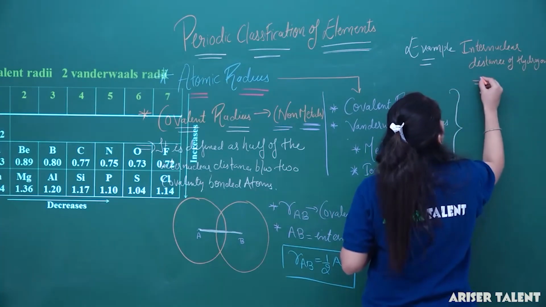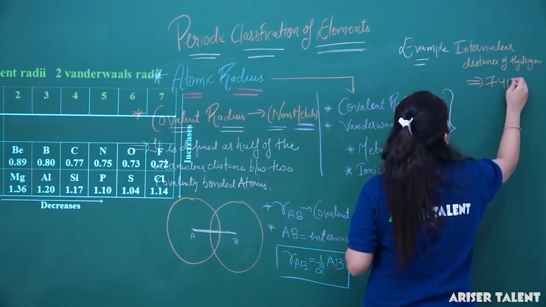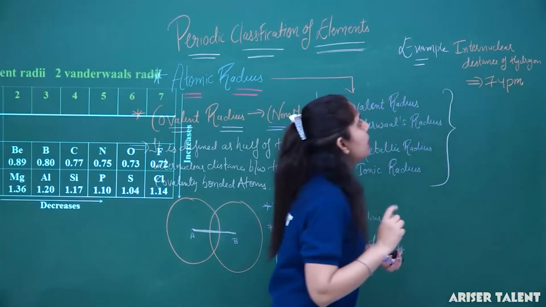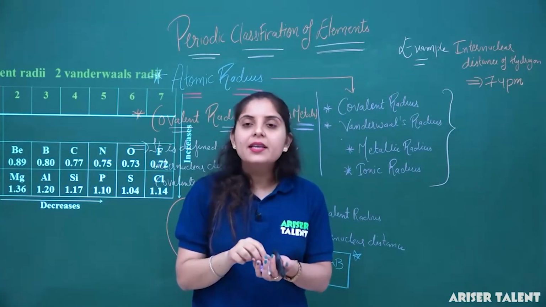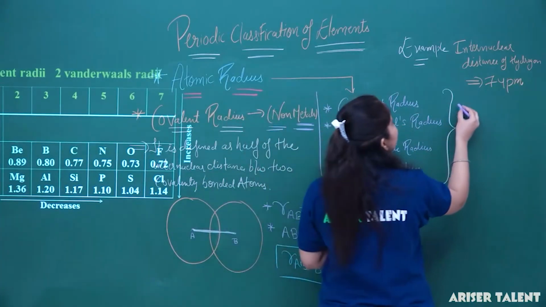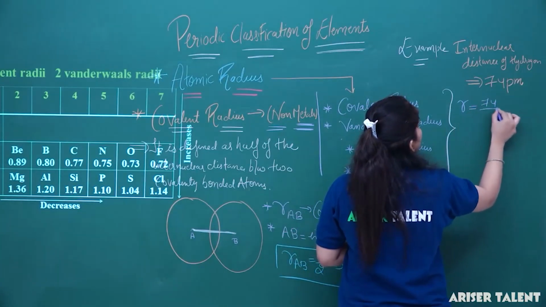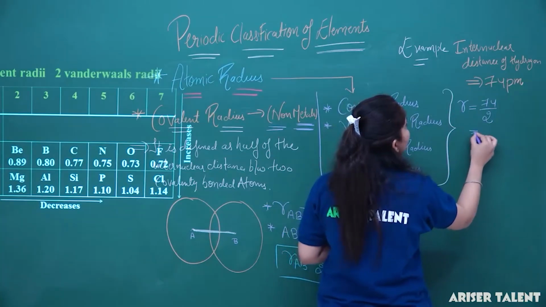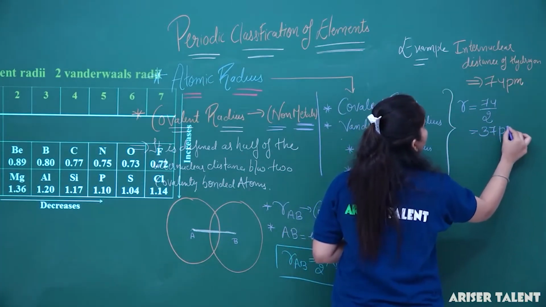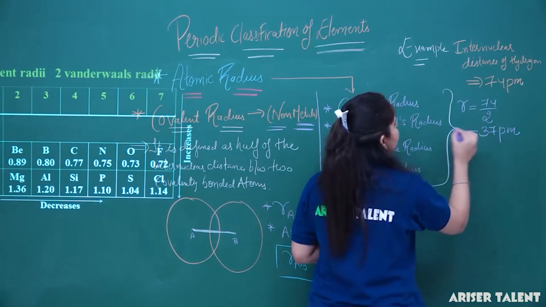If the internuclear distance in case of hydrogen is 74 picometer, then we can say that the covalent radius will be given by 74 by 2, that is half of the internuclear distance, and it comes out to be 37 picometer.